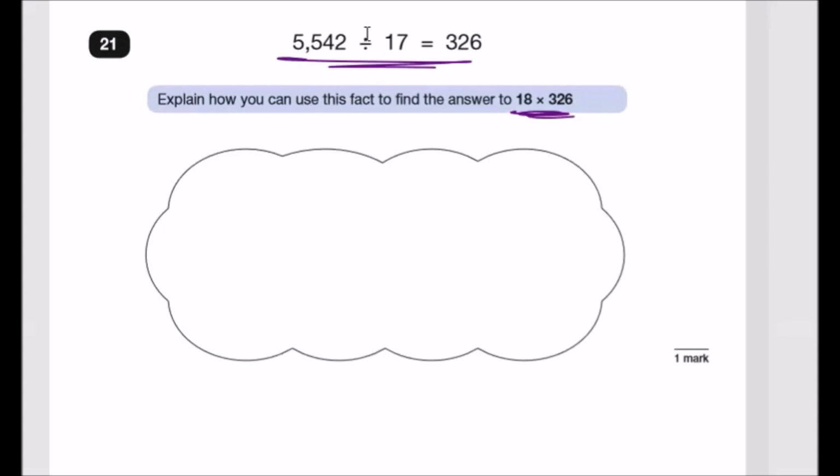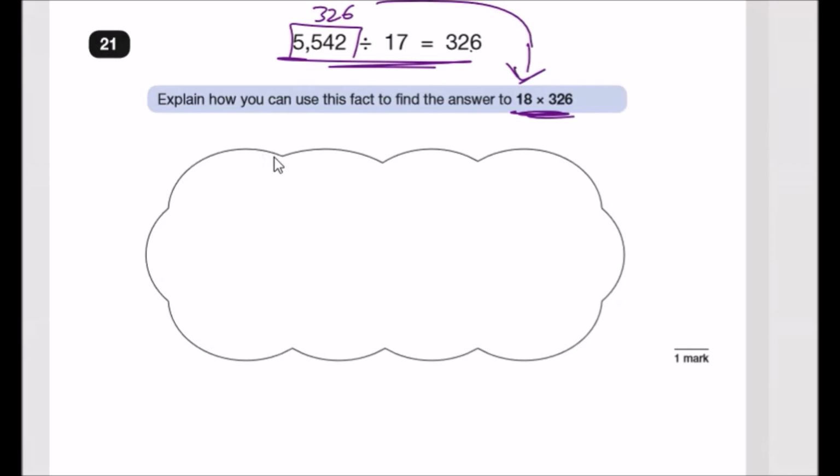So since dividing these two numbers gives us 326, we can assume that this original value can simply be increased by an additional 326 to get this solution here. You see that?